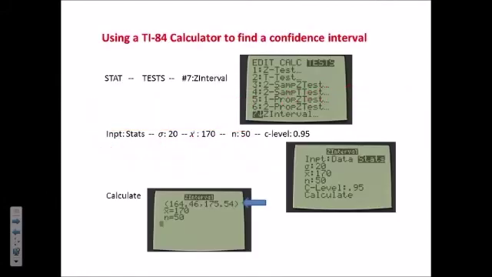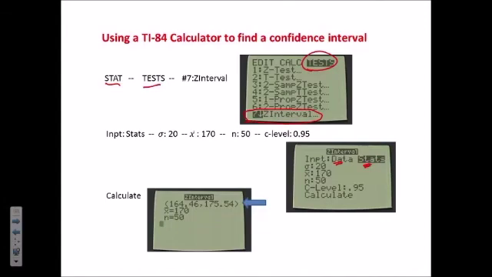You could also use a calculator to find the confidence interval. If you have the TI-84, you do stat tests, and then you go to number 7, the Z interval. You'll see a screen where you have to input, first of all, either data or statistics. Inputting data means you would actually put into list 1 the 50 weights of the policemen in our sample. We don't have that. We have the summary statistics.